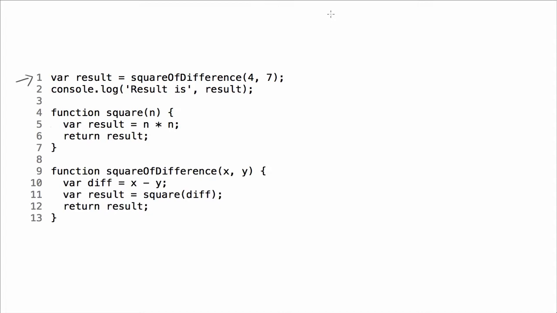So I'm going to start on line 1, and here a variable named result is declared. In order to remember its value, I'm going to make a storage area for it, which is just a 2-column table where the left column is the name of the variable and the right column is its value. Now, what's the value of the result?